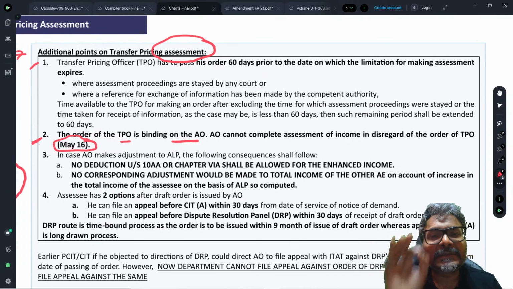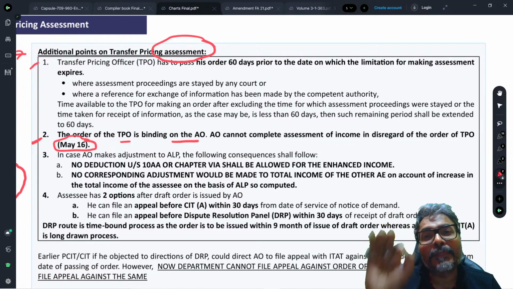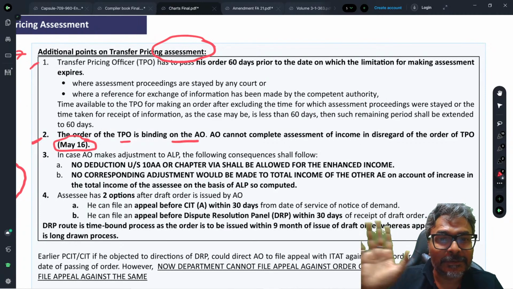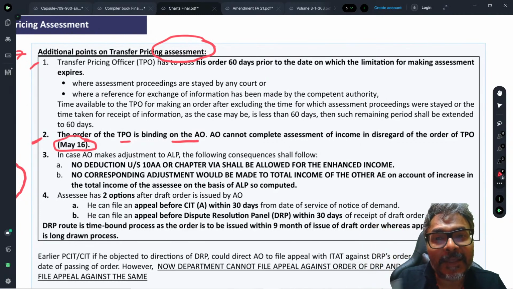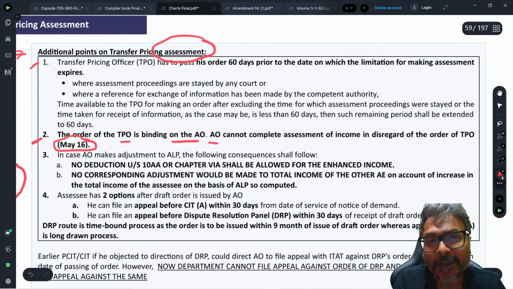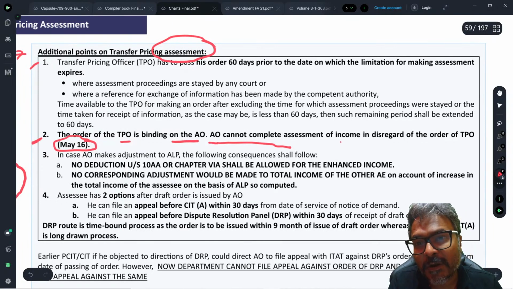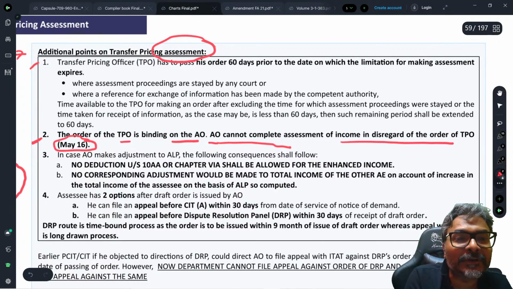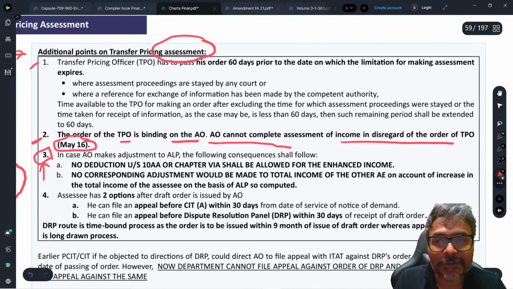Meaning thereby, such an order is binding on the assessing officer. So AO cannot complete the assessment of income in disregard of the order of the TPO. That is the point. This kind of question is very important, students. Please pay attention to this question.